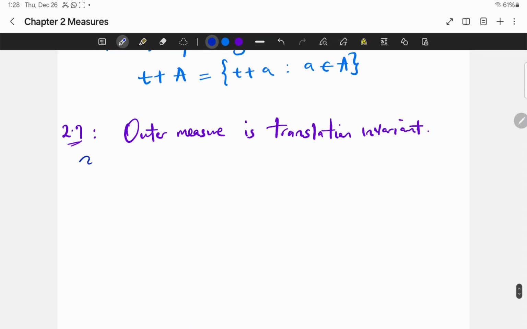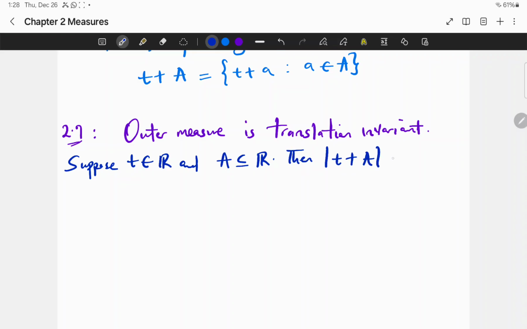So suppose t belongs to R and A is a subset of R, then the outer measure of t plus A should also just be the outer measure of A. So let's share the proof.